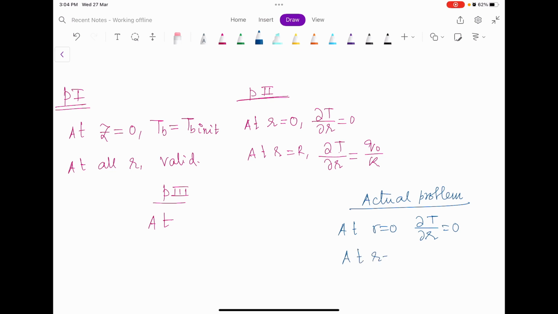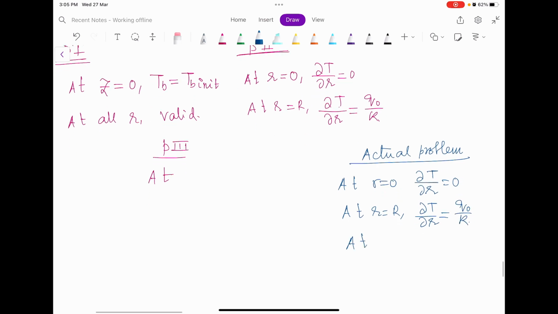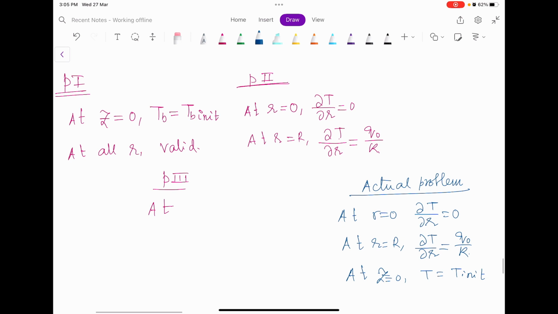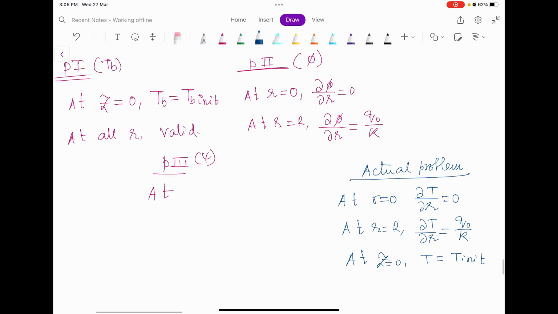At r equal to R, my del t del r is equal to this, and at z equal to 0, I have t equal to t initial. Here the variable was tb. For problem 2 the variable was phi, so I should write phi here, not t. So this is phi, and here it is psi, right? Now let me see the first boundary condition.